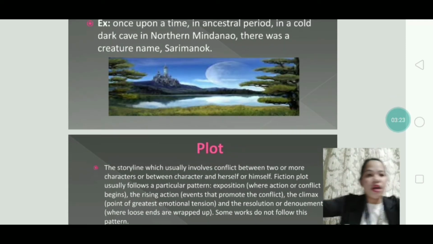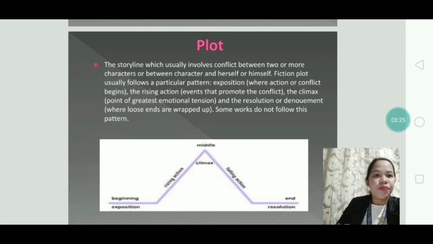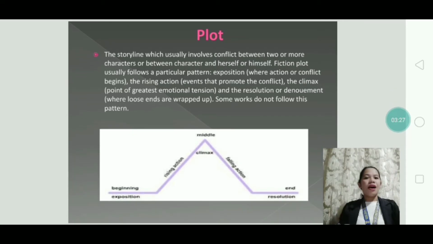Now, next we have plot. Please read, Mr. Vincent. Okay. The storyline, which usually involves conflict between two or more characters or between a character and herself or himself.